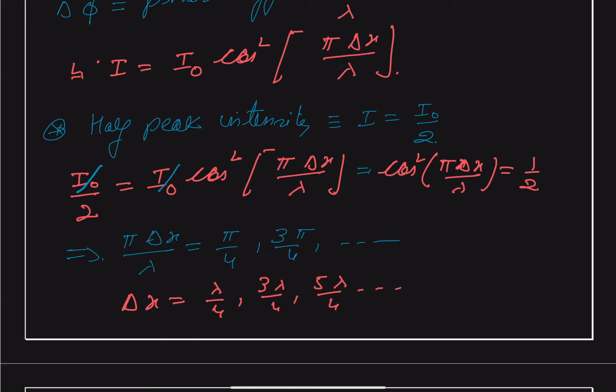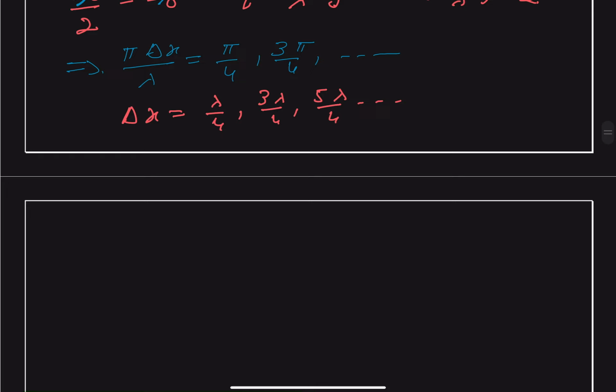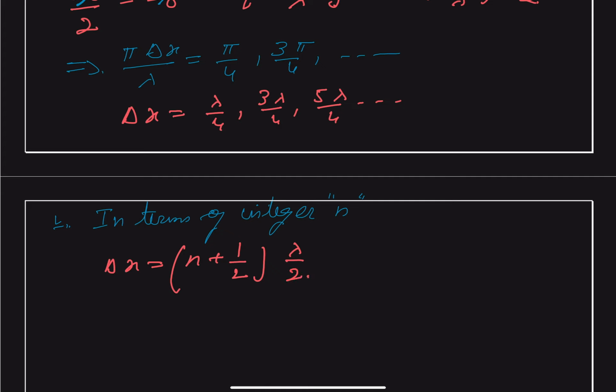Okay. And if we want to write it in terms of integer n, we can formulate it that delta of x is equal to n plus 1 half and lambda by 2.